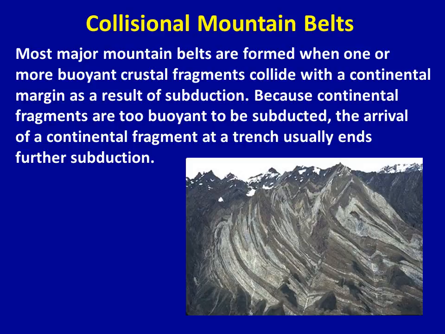This is really important because it tells us how some plate boundaries change, because we know that through geologic history, sometimes the continents are moving apart, sometimes they're coming together to form large supercontinents. How does that change? Well, this is one of the processes that affects that, because if you have a continental fragment that's being moved across the ocean by plate tectonics, when it reaches that subduction zone, because it's a continental fragment, it doesn't sink and it stops the subduction in that area.